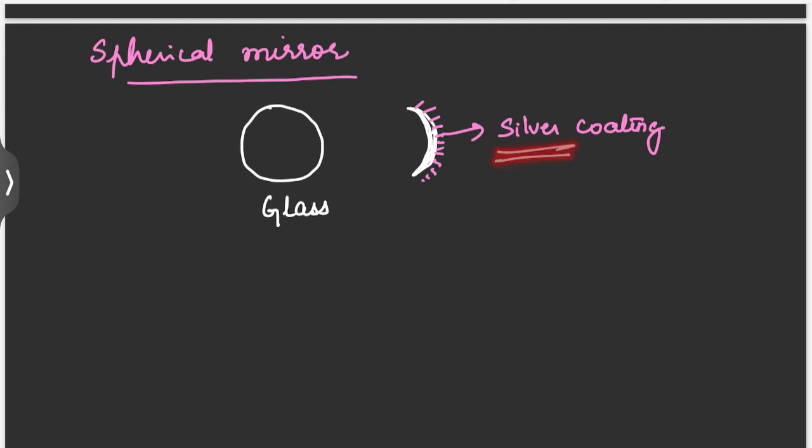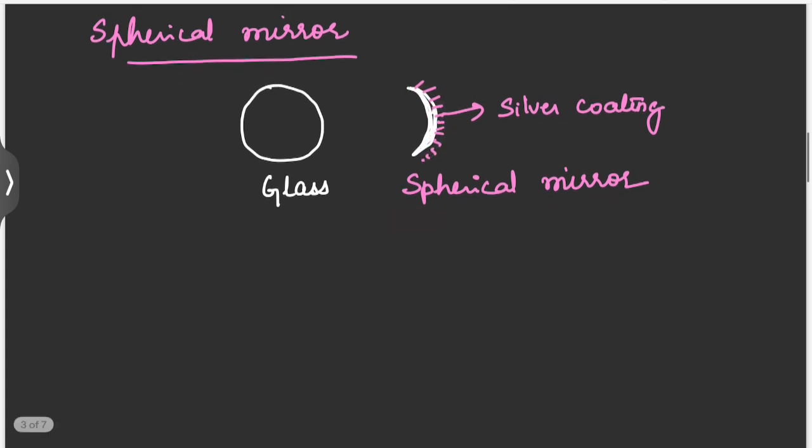So you have to take silver metal and give a coating. Now this is called a mirror. This we call spherical mirror. So now we know how we are going to get the spherical mirror. That is, we take a glass, take a thin layer from that, separate it out, and then give a silver coating on one side. Then that is called the spherical mirror.